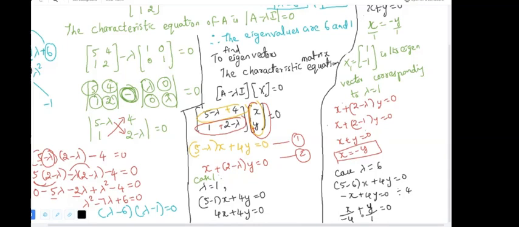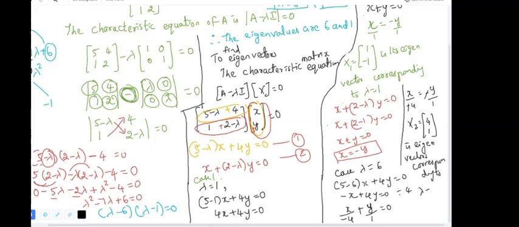Now send this to the other side, we get x by minus 4 is equal to minus y by 1. So the minus and minus get cancelled. So x2 will be 4 and 1, the eigenvector corresponding to lambda is equal to 6. So this will be the solution.